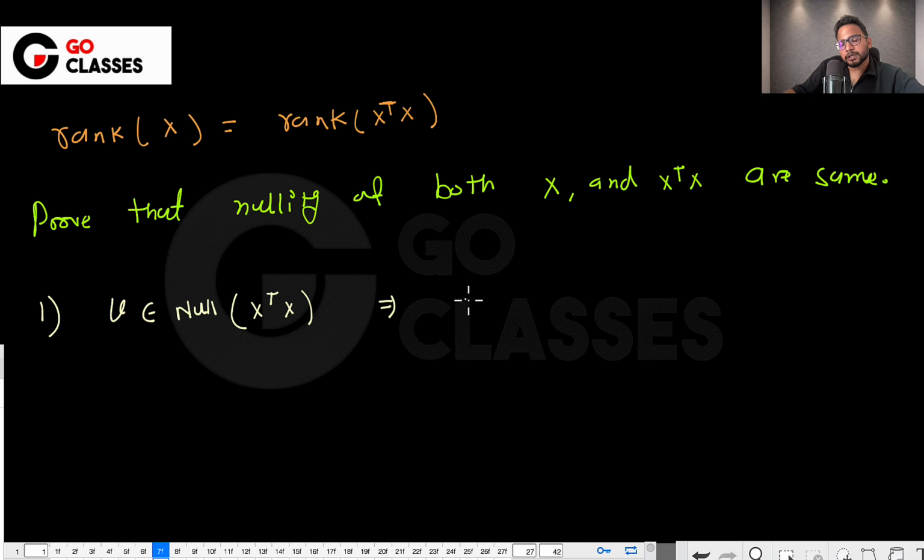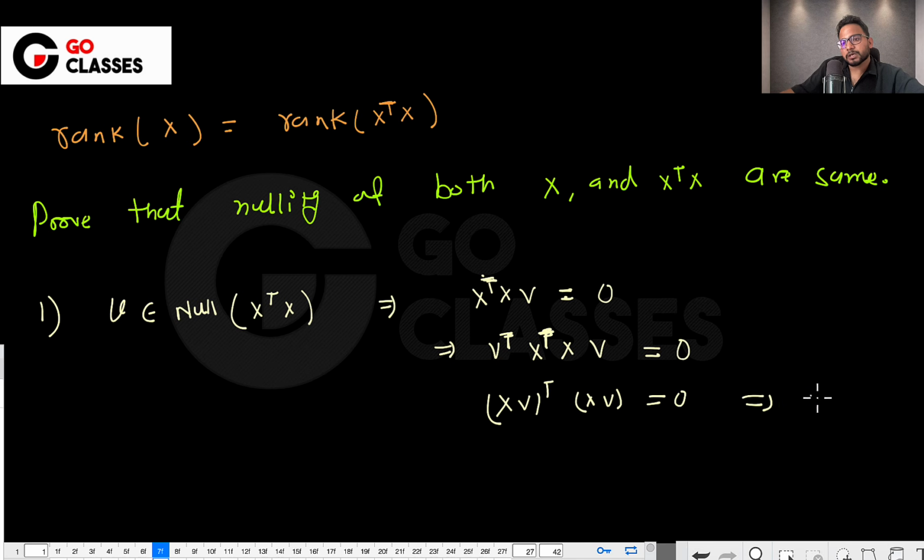It means X transpose X multiplied by V is equal to 0, right? Now from here you can multiply by V transpose, this is a workaround: V transpose X transpose X V equal to 0. So this is nothing but (XV) whole transpose into XV equal to 0.